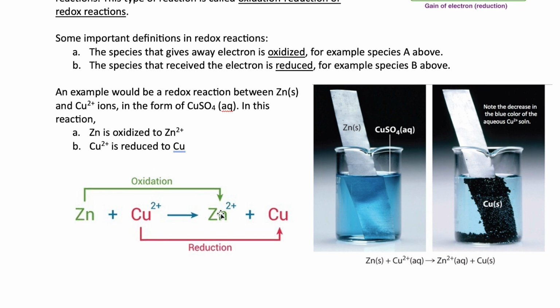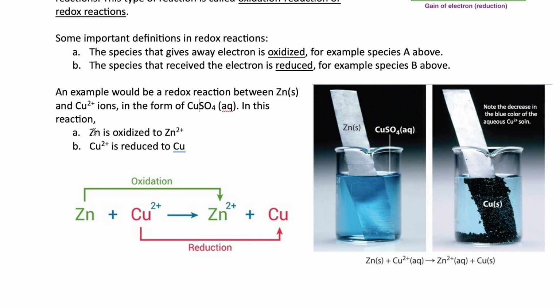Zinc becomes zinc ions. The zinc literally just dissolves and becomes zinc ions, which float around here. You can't see it, but zinc ions have no color. That's why the solution is less blue. Copper ion, which is blue, becomes copper metal, which is this blackish solid, and because the copper ion is the blue color ion, the color of the solution becomes less blue over time.